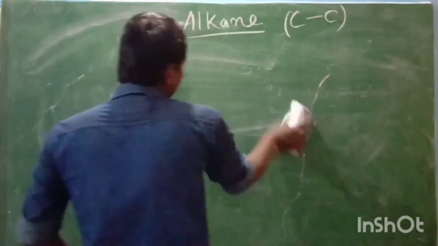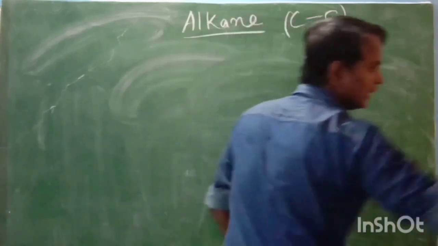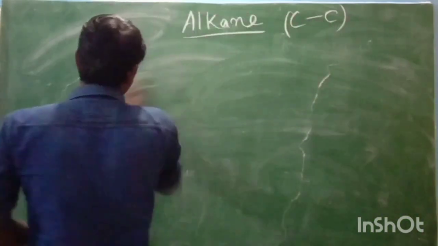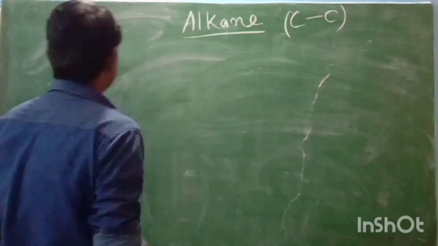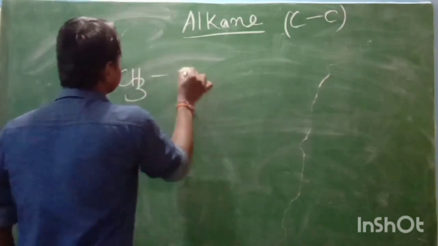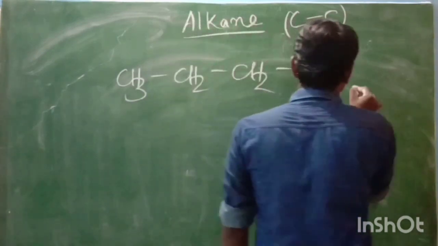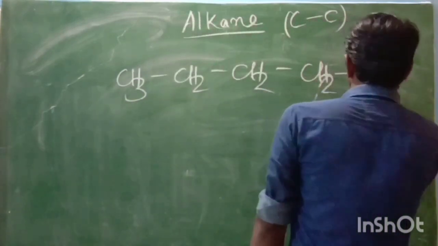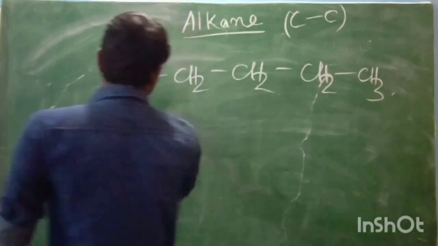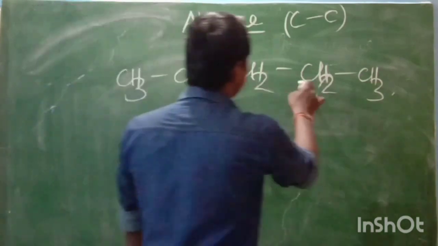Next, we explain 2 or 3 examples to explain this nomenclature. Here the number of carbon is 1, 2, 3, 4, 5.